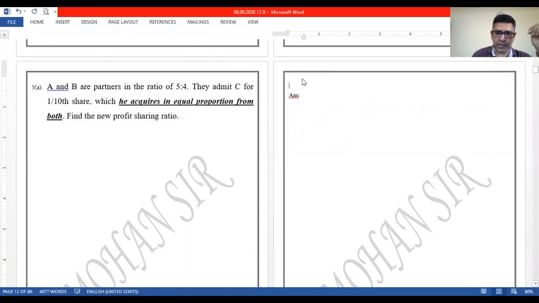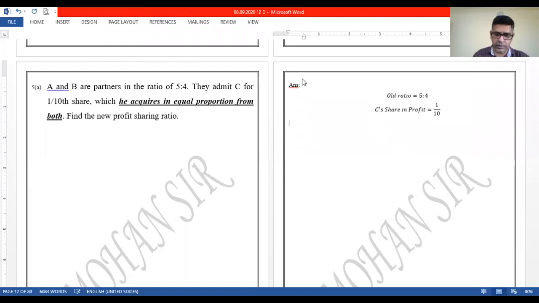Okay, so let us write the old ratio first of all. Old ratio for the partners is 5:4. Now C's share in profit. C's share in profit is equal to how much? 1 by 10.